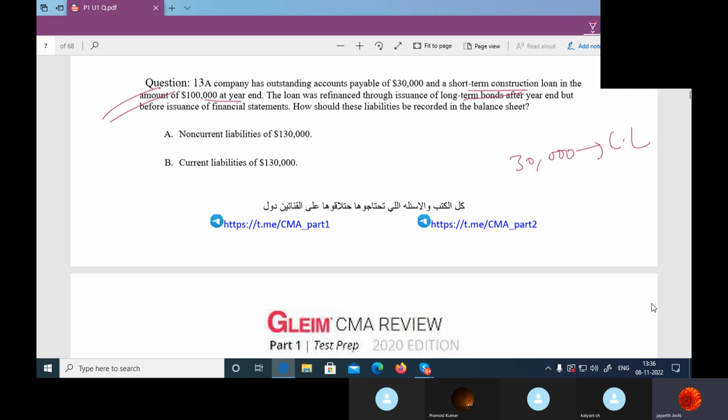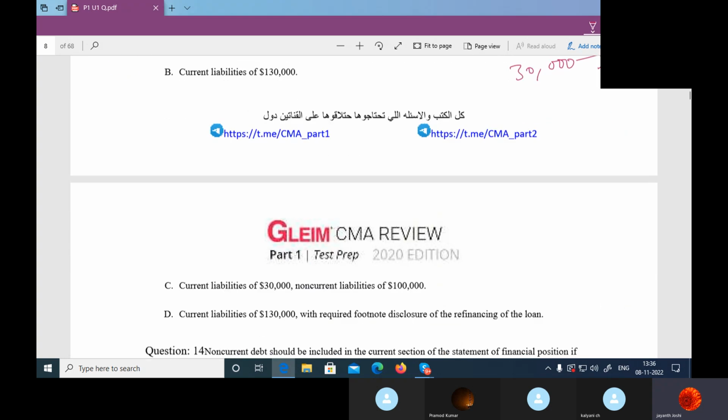According to me, I would say it is a non-current liability. But why? Accounts payable are definitely current liabilities, because they are settled within one operating cycle, that means within a year.